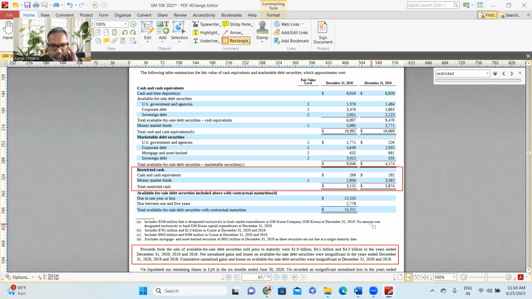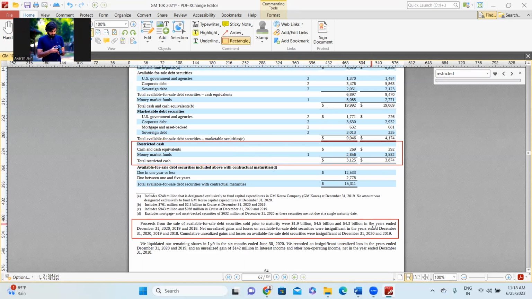And sorry, why is the money market fund written separately here? Because that is cash equivalent. Restricted cash includes cash and cash equivalent which is restricted. Okay, so all its components will come. All components. Yes, yes, yes.